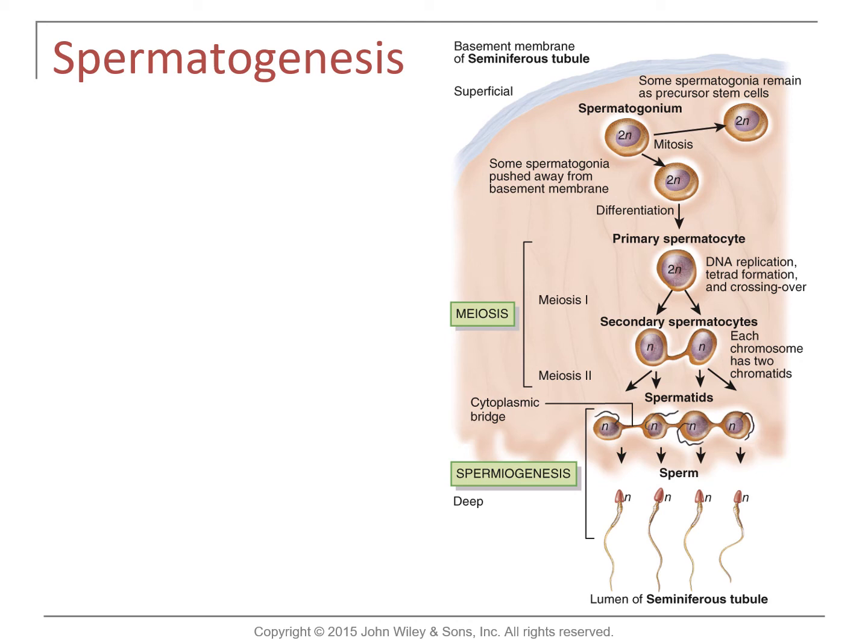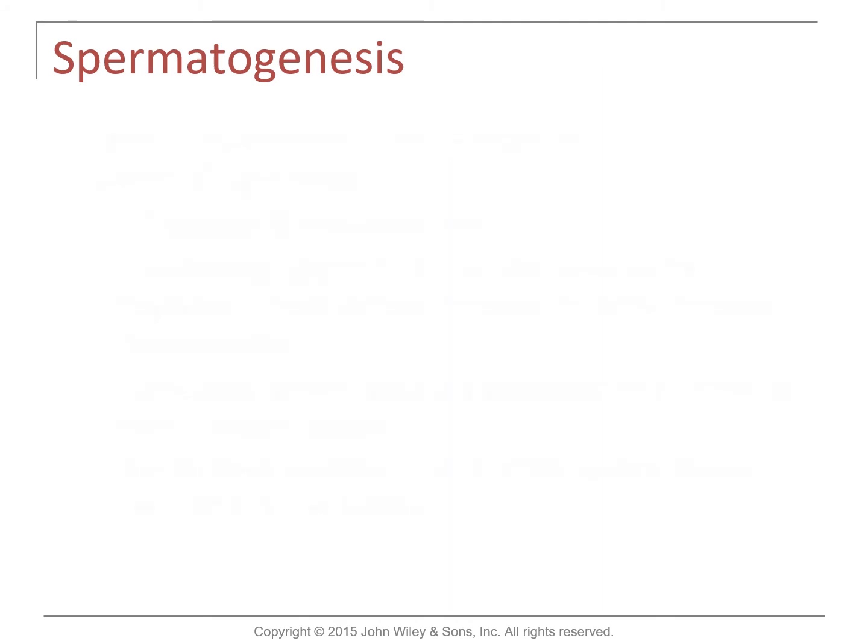So each spermatid has 23 chromosomes. These spermatids then undergo maturation to become sperm cells, and that process of maturation, differentiation, is called spermiogenesis. And as these cells are dividing and maturing, again, they're being pushed toward the lumen of the seminiferous tubule.